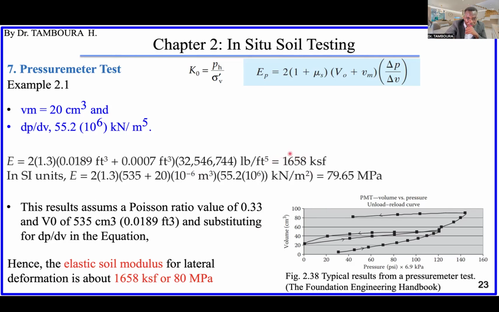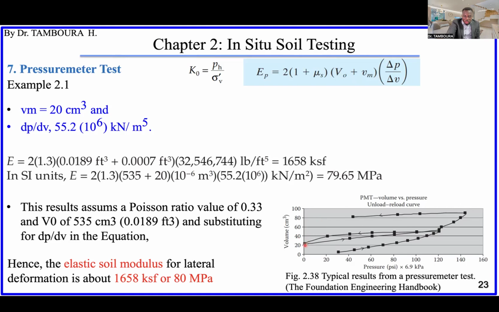Okay. We calculate this by just using this equation. The initial volume of the probe is this one. This is the volume of the probe, okay?